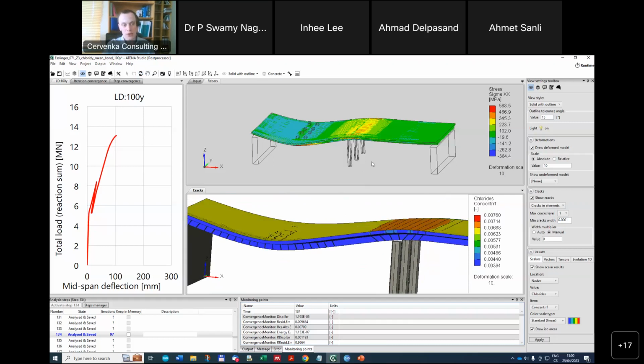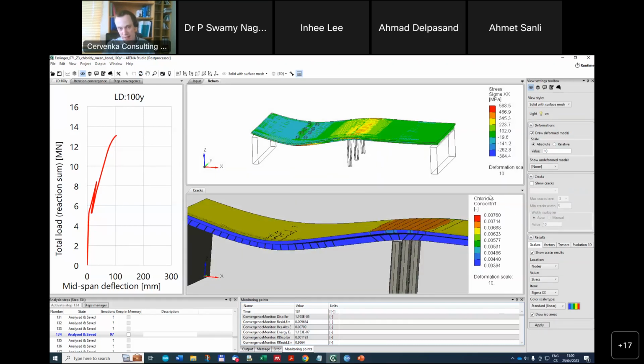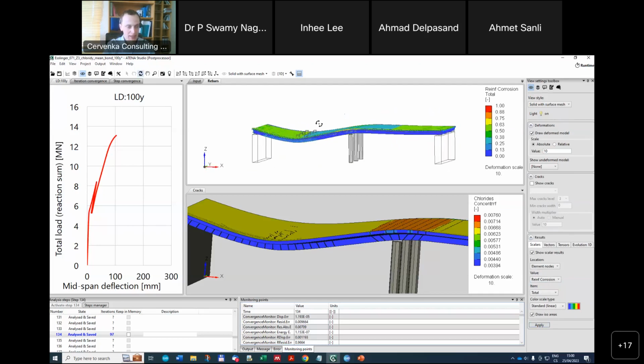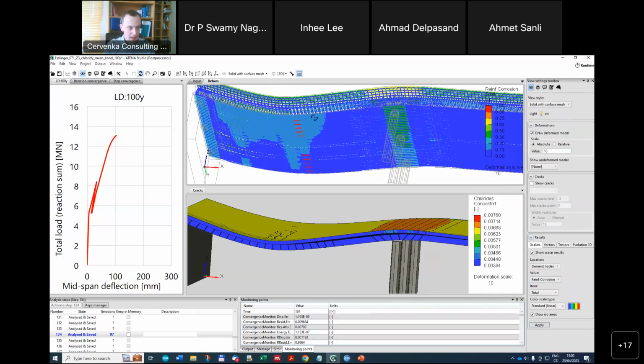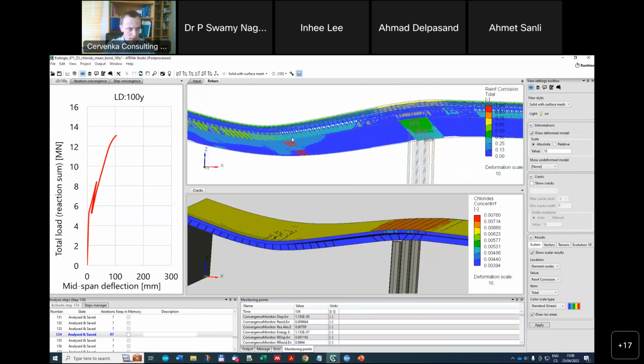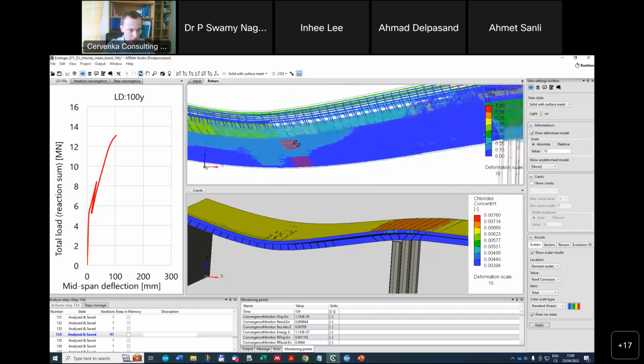When talking about the reinforcement, we can similarly plot the degree of reinforcement corrosion. So if I switch here to reinforcement corrosion, I can see that some of the parts are quite corroded. This is the single bars in here.